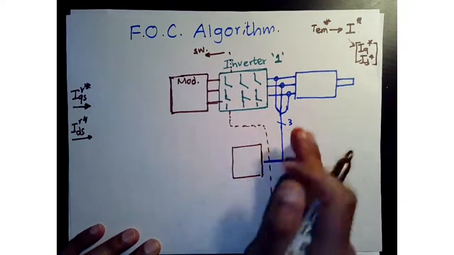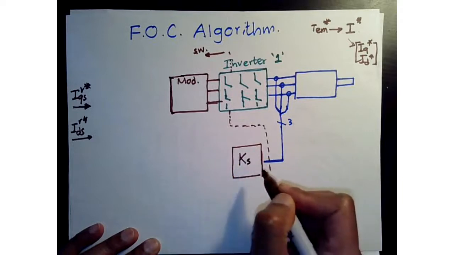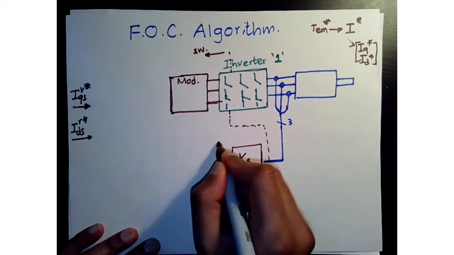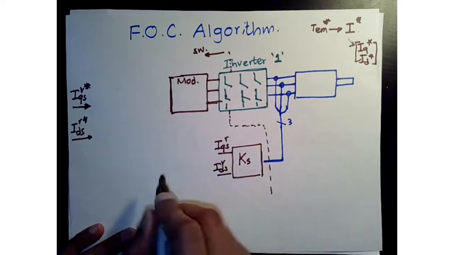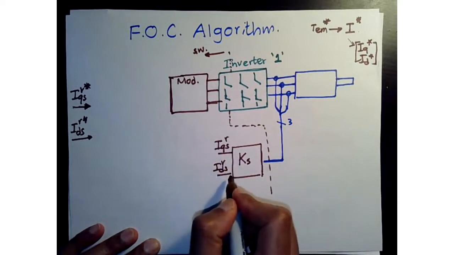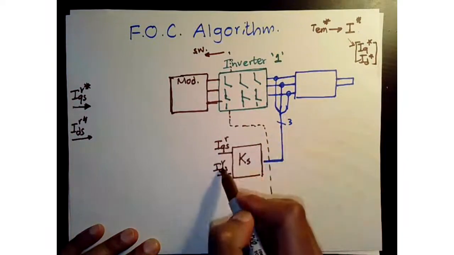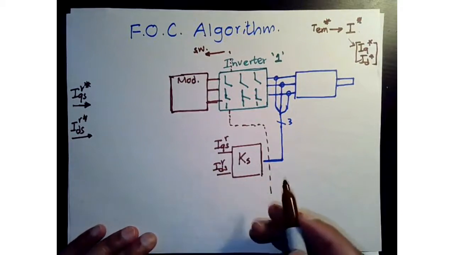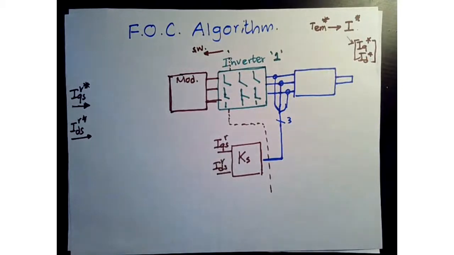Okay, remember the Clarke and Park transformation, and with that transformation, Ks, I believe, this becomes an IQSR and IDSR. These are the measured values. Okay, and guess what? If you have a sinusoidal set of currents here, what will these look like? They're going to look like DC, exactly. However, in order to do the transformation, what other piece of information do we need here?